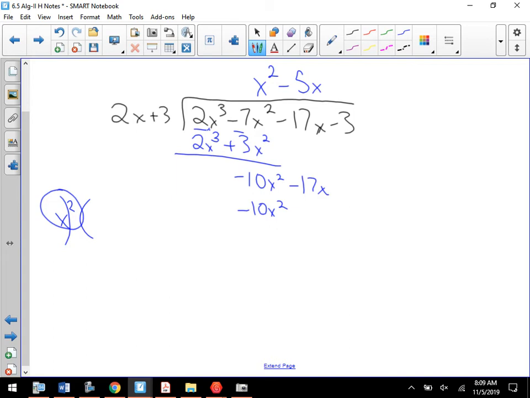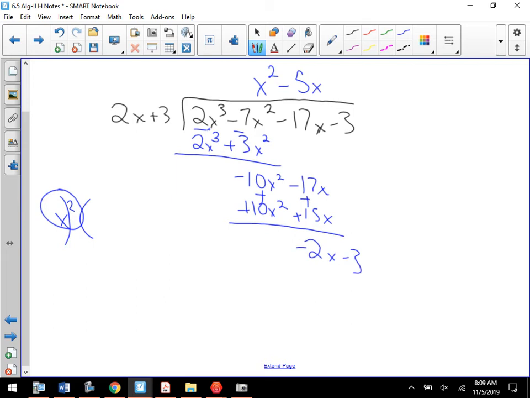And then negative 5 and positive 3, negative 15x. When you are subtracting polynomials, remember you're subtracting each piece. So always put two subtraction symbols here. Negative 10 minus a negative 10 goes away. Negative 17 plus 15 gives me negative 2x. And I bring down the negative 3.